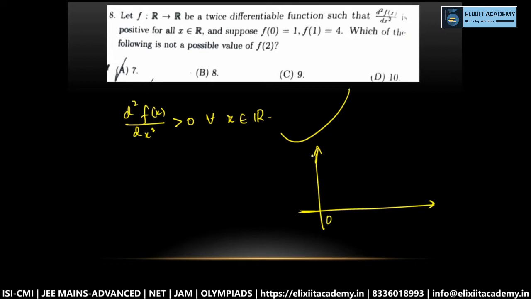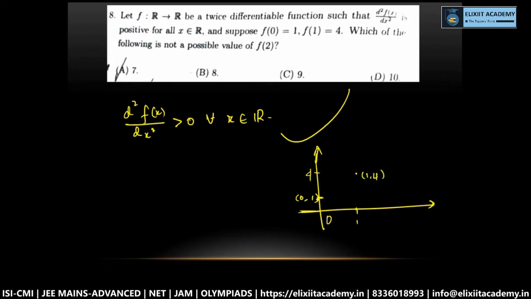Which of the following is not a possible value of f(2)? Now f(0) is 1, so this point is (0, 1). And f(1) is 4, somewhere over here. This is (1, 4).